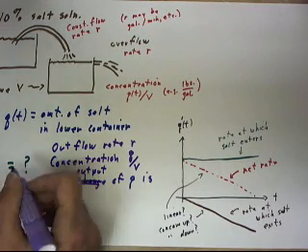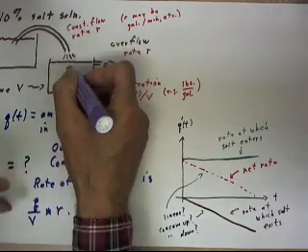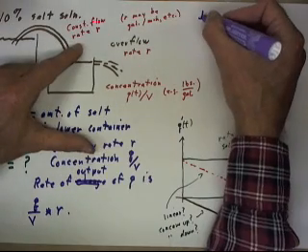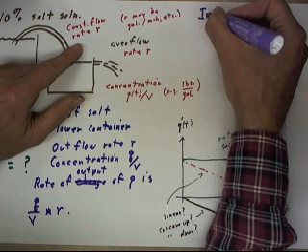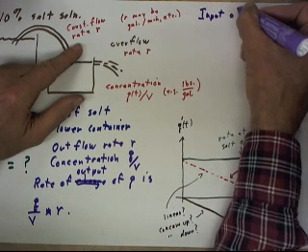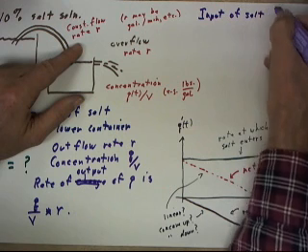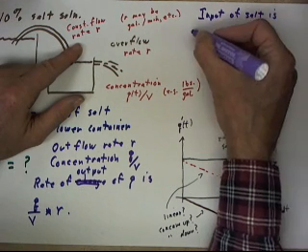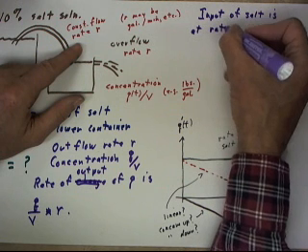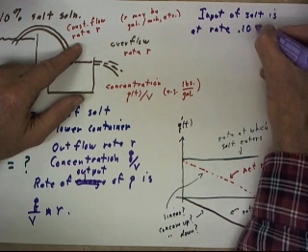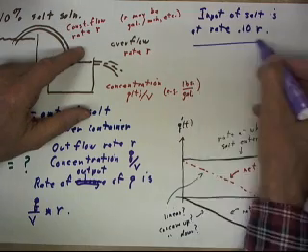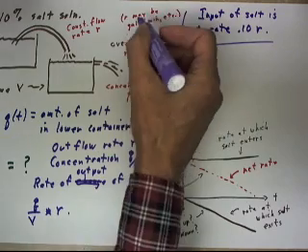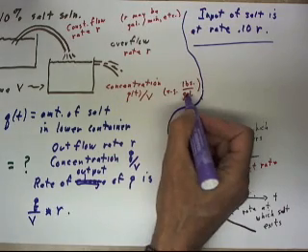Now the rate at which salt is flowing into the container is 10% of R. So the inflow, or the input of salt, is at rate 0.10 R. Now at this point you might have an objection to my interpretation in terms of gallons per minute and pounds per gallon.